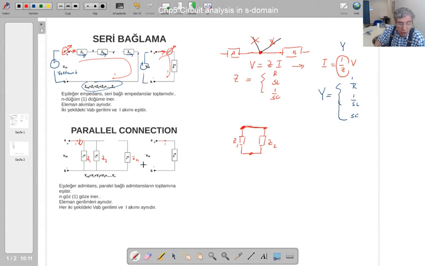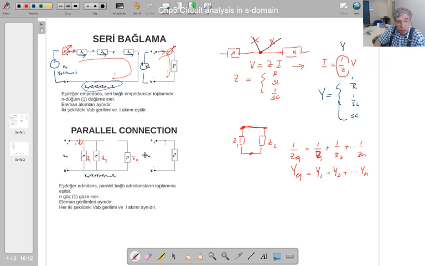Another way of saying it for impedances: equivalent impedance Z equivalent is 1 over (1/Z1 + 1/Z2 + ... + 1/Zn). So 1 over Z gives you the admittance, so you can say that Y equivalent is Y1 plus Y2 plus Yn. This has already been proved in time domain and frequency domain. I'm not going to repeat it here.